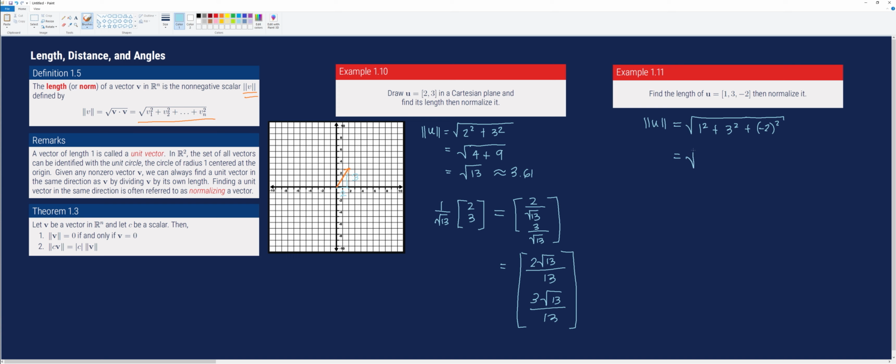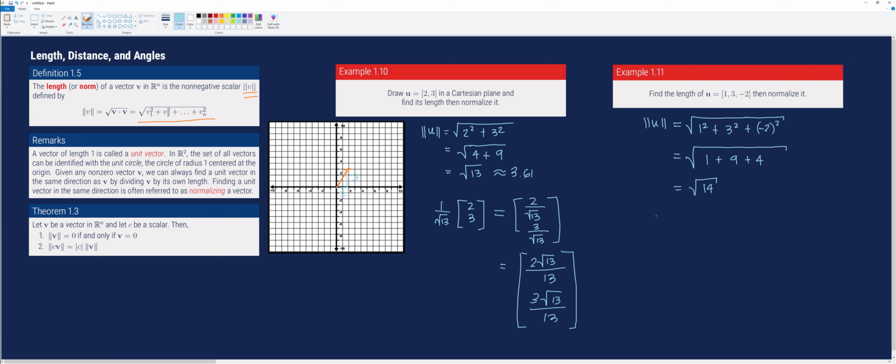We perform the operation inside the square root. We have 1 plus 9 plus 4. Getting the sum of all the numbers inside the square root, we get 14.